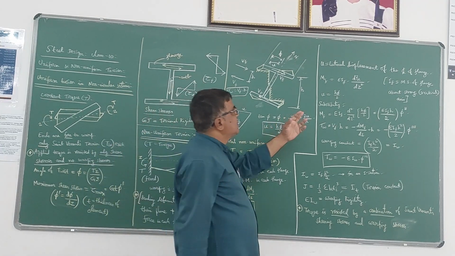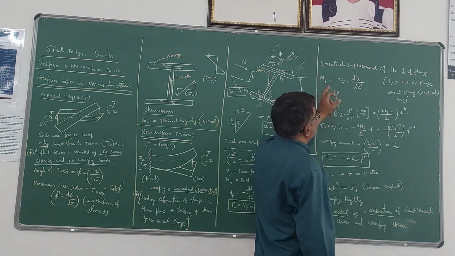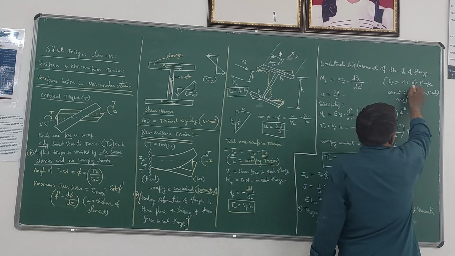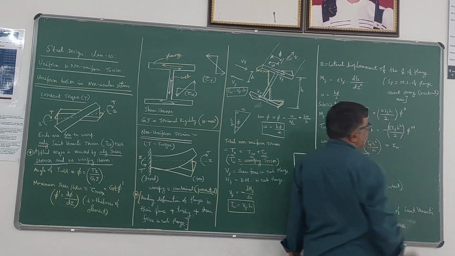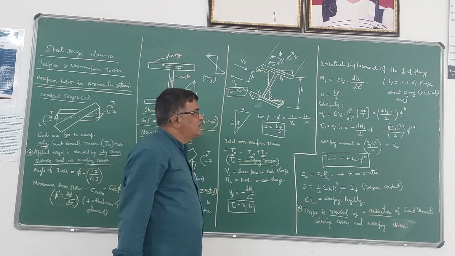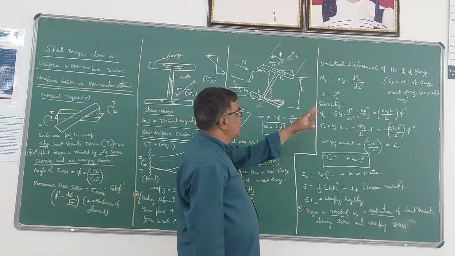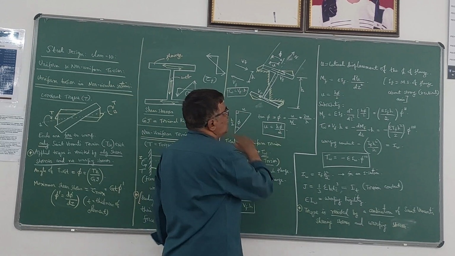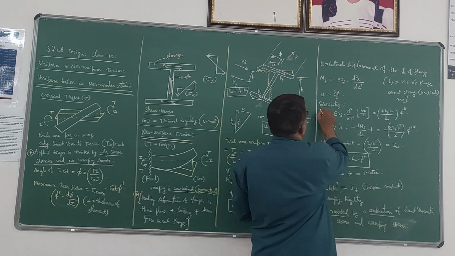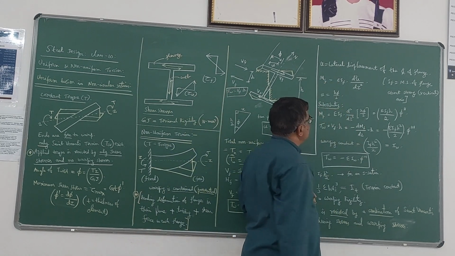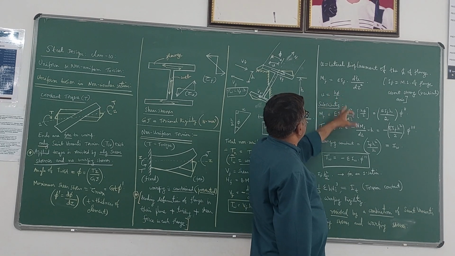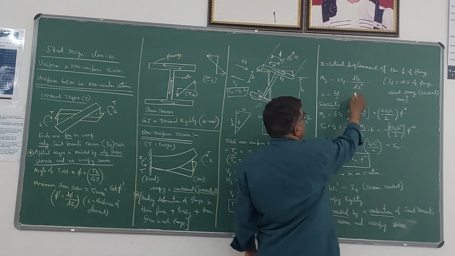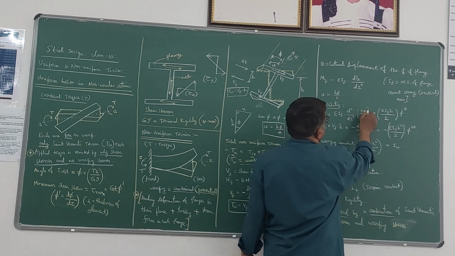So in this case we are taking the equation, where IF is the moment of inertia of the flange about the stronger axis. Normally the vertical axis will be stronger here. Now you know that u is equal to h into phi divided by 2. So if you substitute that in this formula, Mf is equal to E into IF into d square by dz square of u, which is h phi by 2.